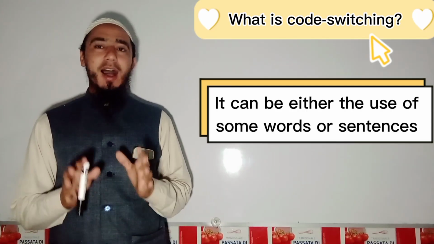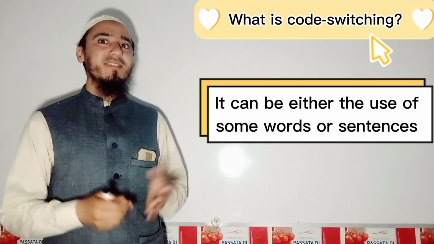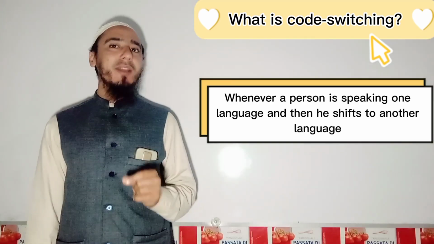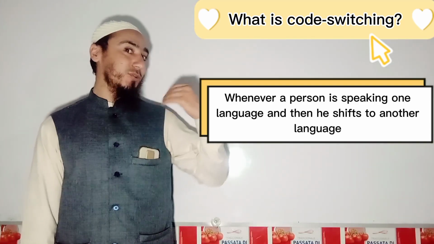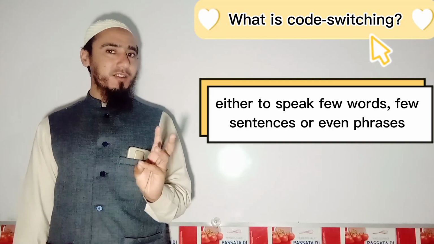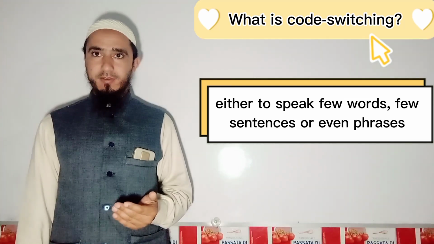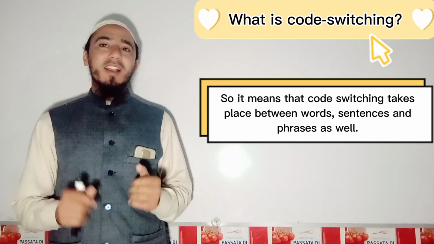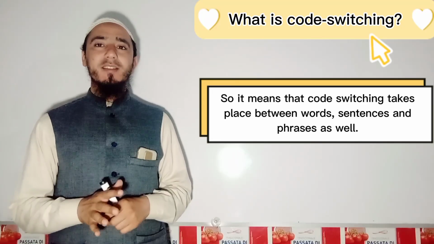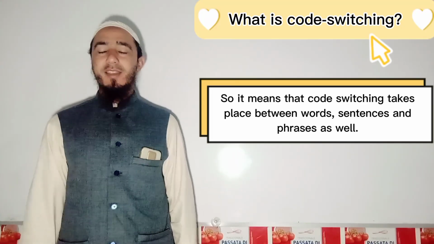It can be either the use of some words or sentences. Whenever a person is speaking one language and then shifts to another language, either to speak a few words, a few sentences, or even phrases. So it means that code switching takes place between words, sentences, and phrases as well.